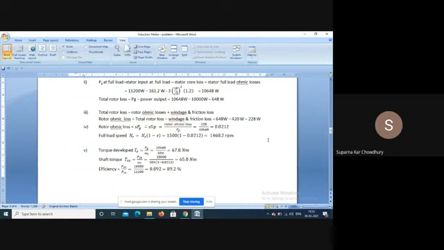That will give you 65 Newton meter. Efficiency will be output power divided by the input power. Output is 10,000, input is 11.2 kilowatts. So the ratio gives the efficiency as 0.892 or 89.2%.